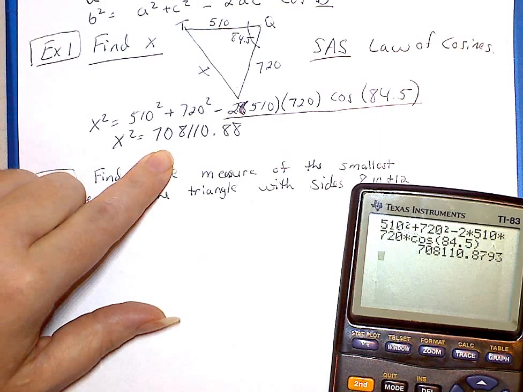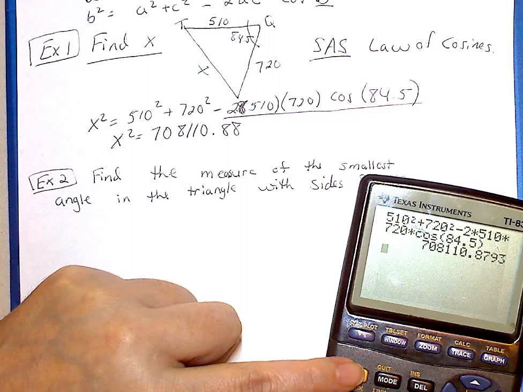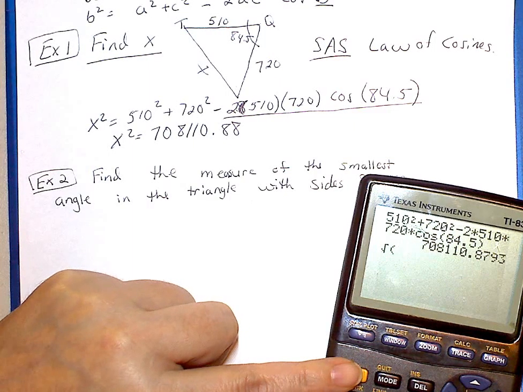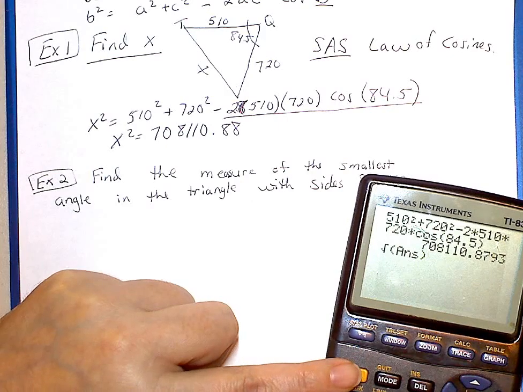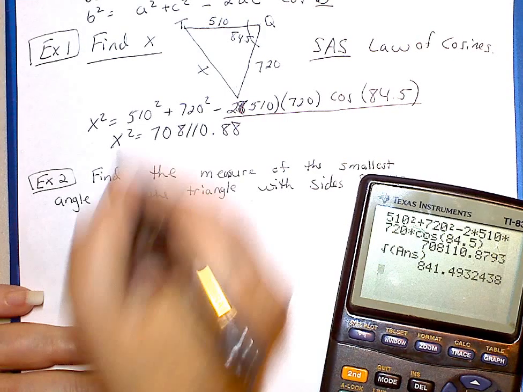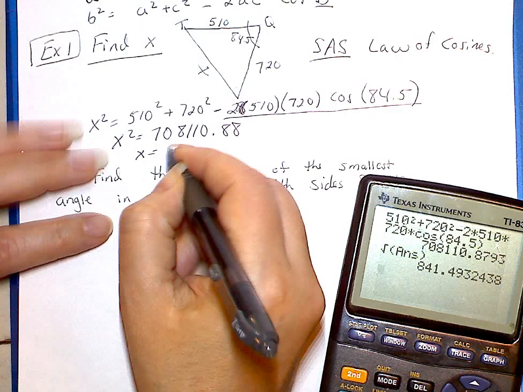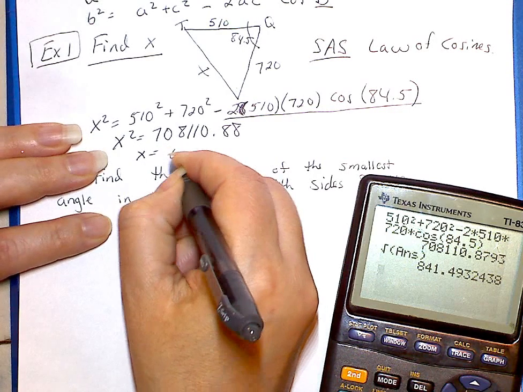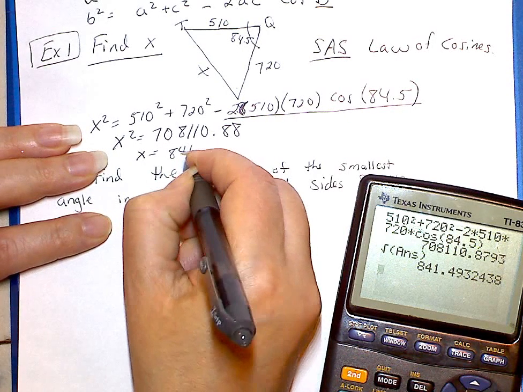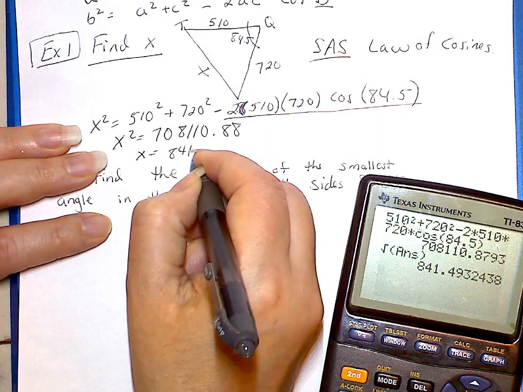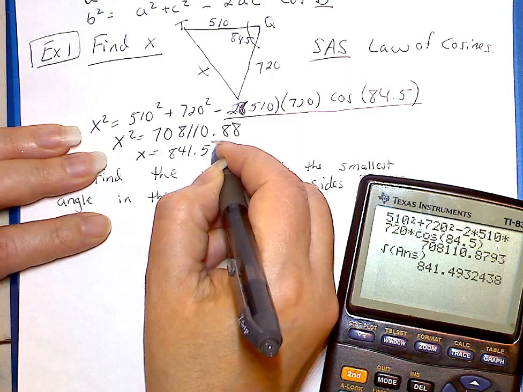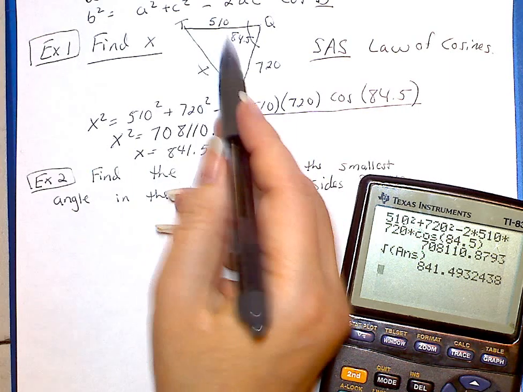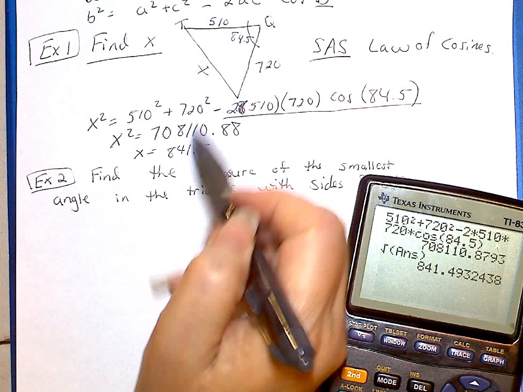So I take the square root of my answer, and x is equal to 841.5. And that's the side, whatever that measurement would be.